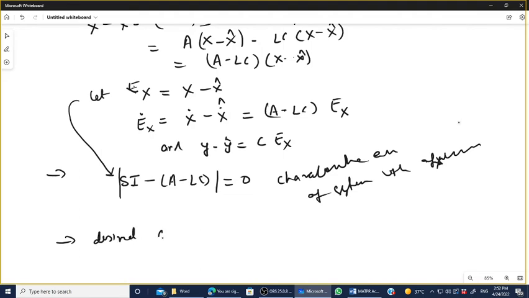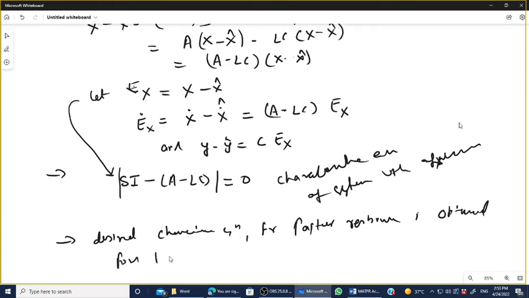So the desired characteristic equation for the faster response, as we have discussed why faster response is needed, is obtained from the design specification. That will be given, a specification for the observer.